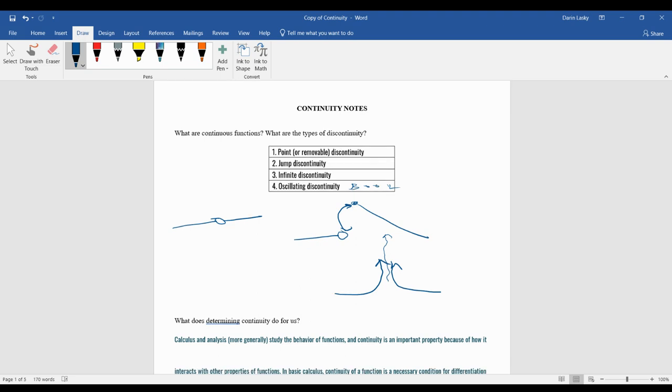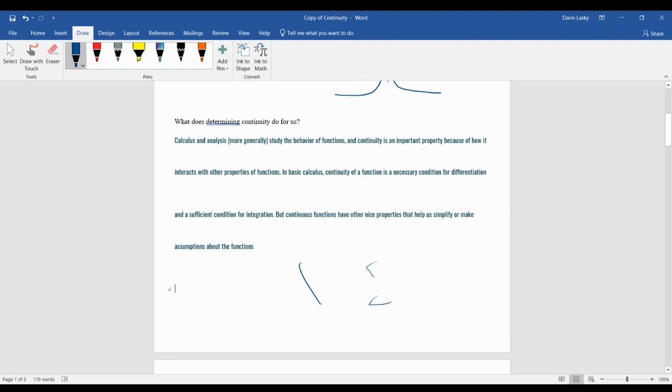So what does determining continuity do for us? Basically, the whole idea is that continuity lets us determine how the equation is going to be utilized. In basic calculus, continuity of a function is necessary for the things we're going to do with it.